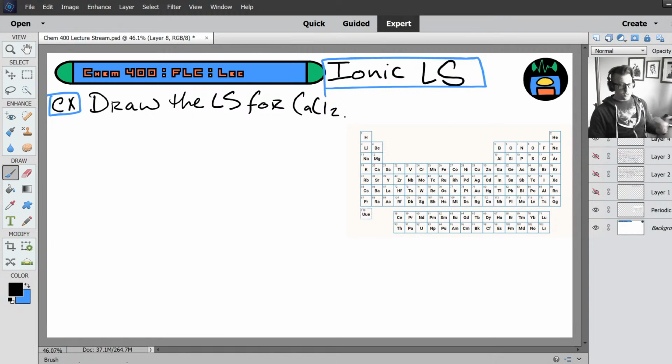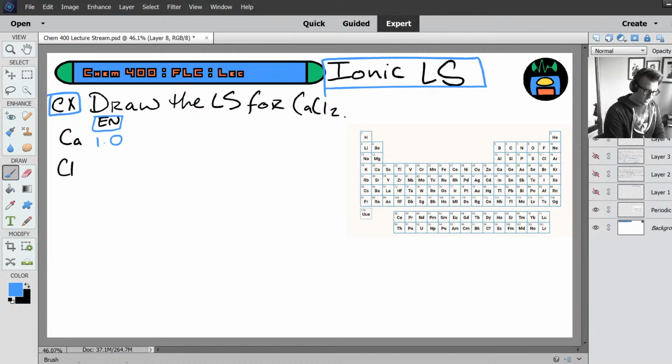All right. Well, let's start by looking at calcium, which has an electronegativity of 1.0. Chlorine has an electronegativity of 3.0.